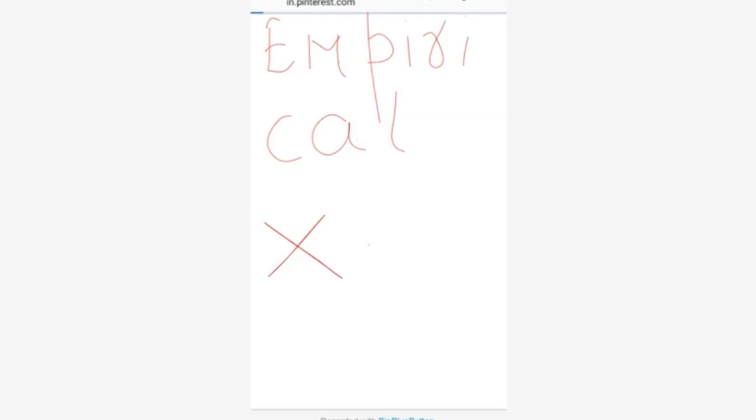Next part. After completing all this, write down A in the margin.